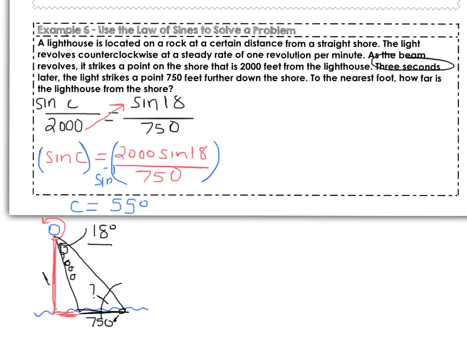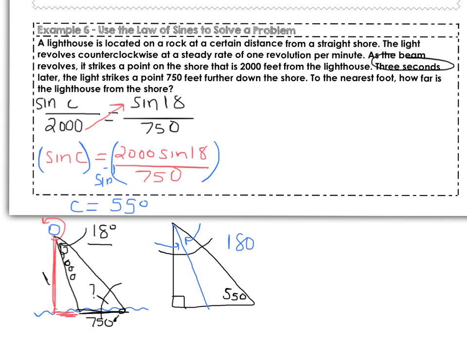The next piece of information I can really analyze is the big triangle that I have in general. The big triangle is a right triangle. And we've just figured out that this is 55 degrees here. Well, we can figure out the total amount of this angle, and then we recognize the fact that no matter what, this tiny piece in here is 18. So then we can figure out what the remaining piece is.